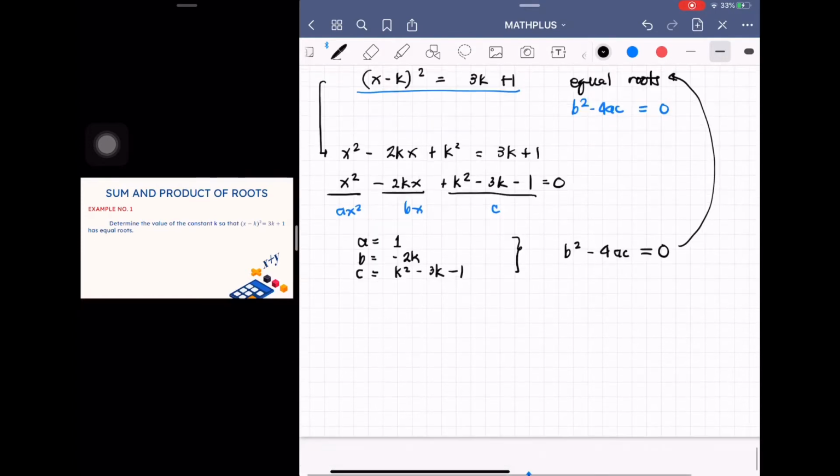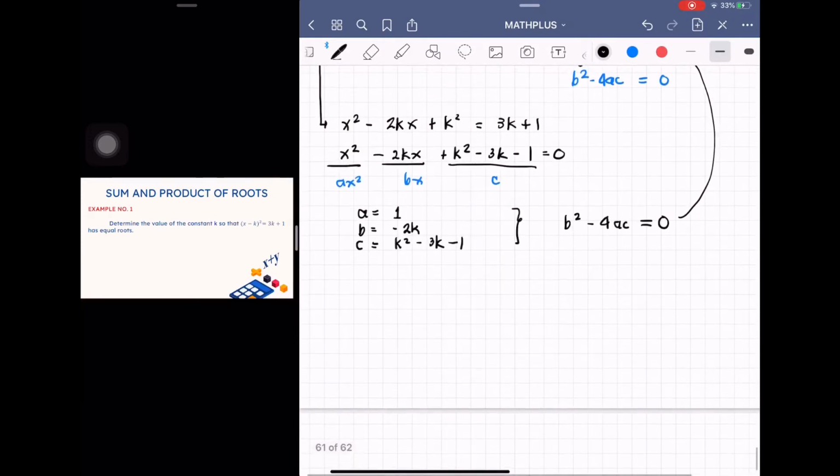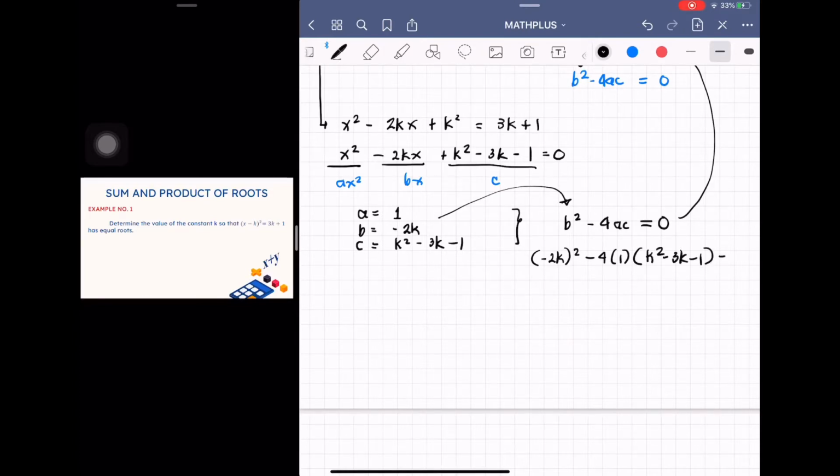Okay, so by substitution, that will result to b squared, so that's negative 2k quantity squared. We just substitute this here, minus 4 times a, which is 1, times c, which is k squared minus 3k minus 1, equal to 0.